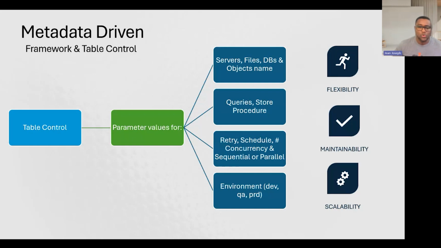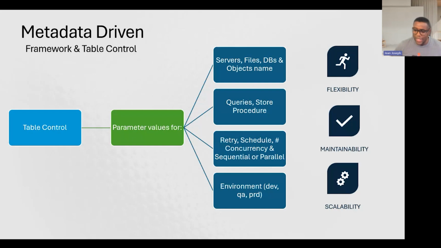It also allows you to increase scalability, as you can use a control table to store the list of objects to be copied and the metadata, and use the pipeline parameters to read from the control table and apply the copy logic accordingly, as I'm about to show you.